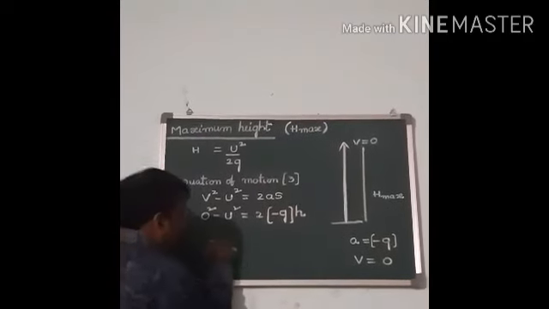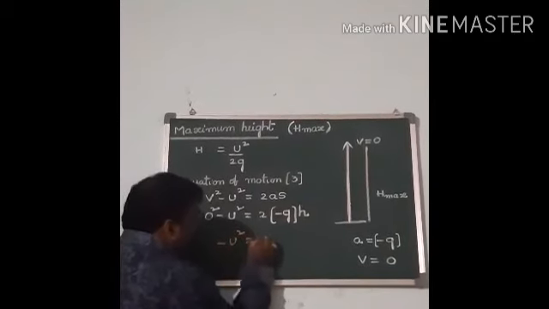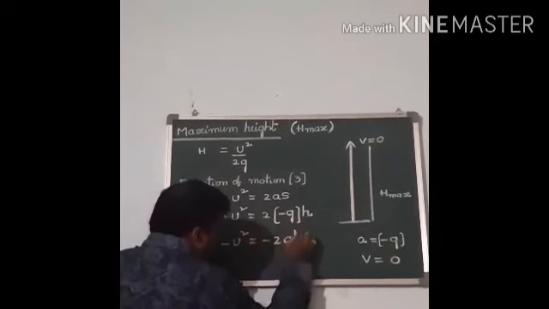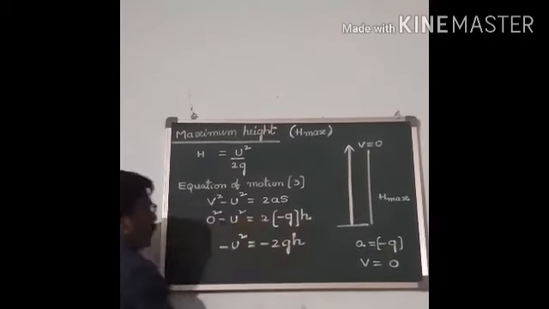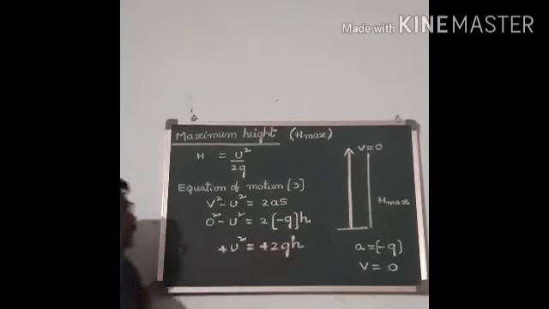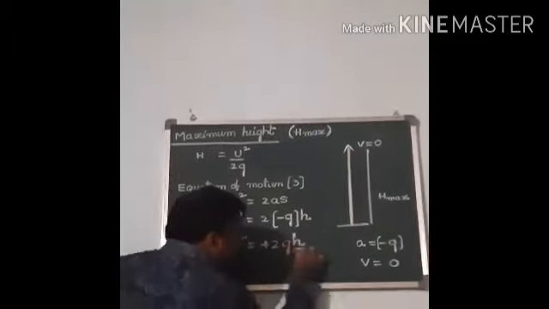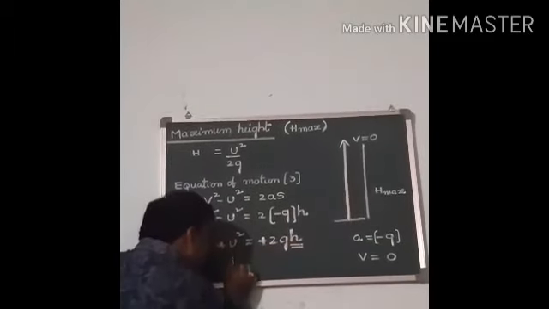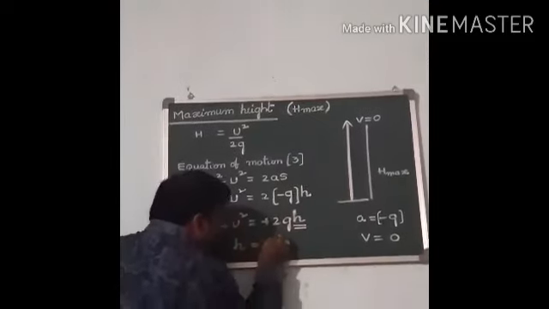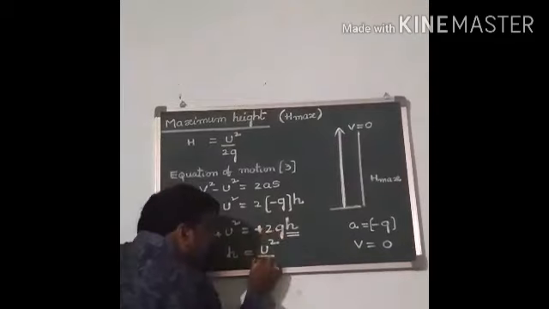So what do we have? Minus u square equal to minus 2gh. Minus minus cancel, and you know the mathematics: h equal to u square by 2g.